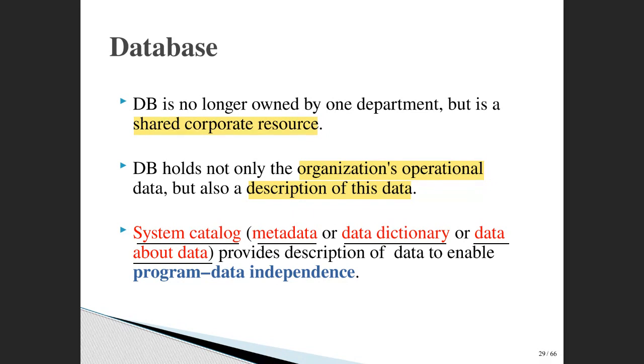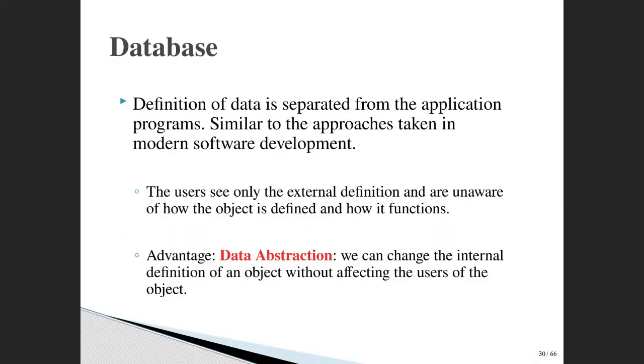This describes the data itself, whether it's a number or character, and how many characters will be accepted. For example, if there is a field for the total, there will be a maximum and minimum, and so on. So all these descriptions of data will be stored along with the data itself.